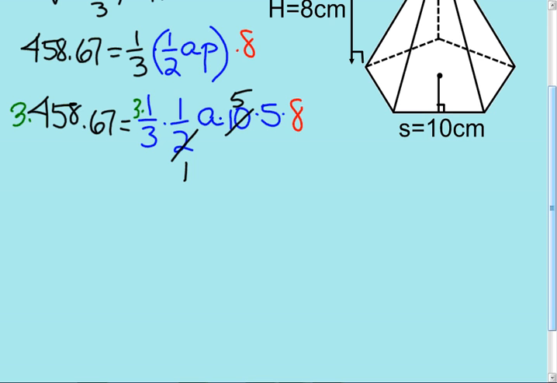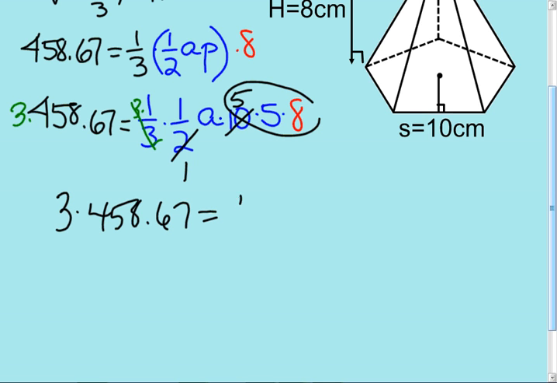I can multiply by anything I want, but I chose 3 because what will happen to the 3's here? What's 1/3 of 3? It's just 1. They cancel out. So on the left side, it's 3 times 458.67 equals, and we can multiply that out. That's A times 25 times 8, and we can do 25 times 8 in our head.